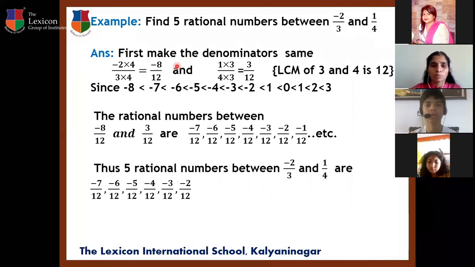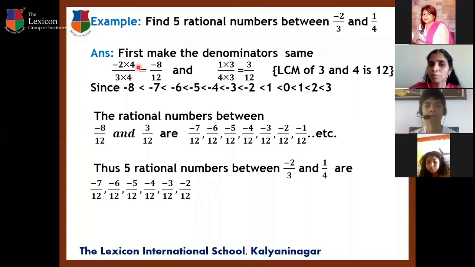Here, make the denominators the same. You are all clear how to make the denominators the same. Since the denominators are now 3 and 4, we have to consider the LCM of 3 and 4, and we will write the equivalent fractions of the given fractions with denominator as LCM. So we need the equivalent fraction of minus 2 upon 3 with the denominator 12.